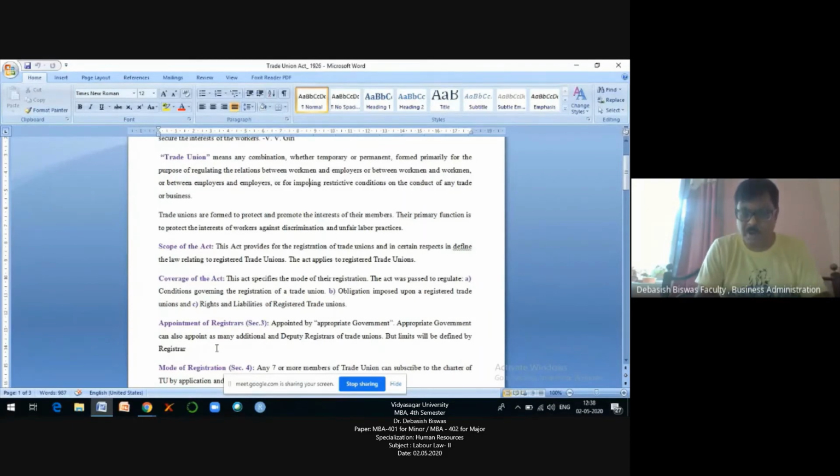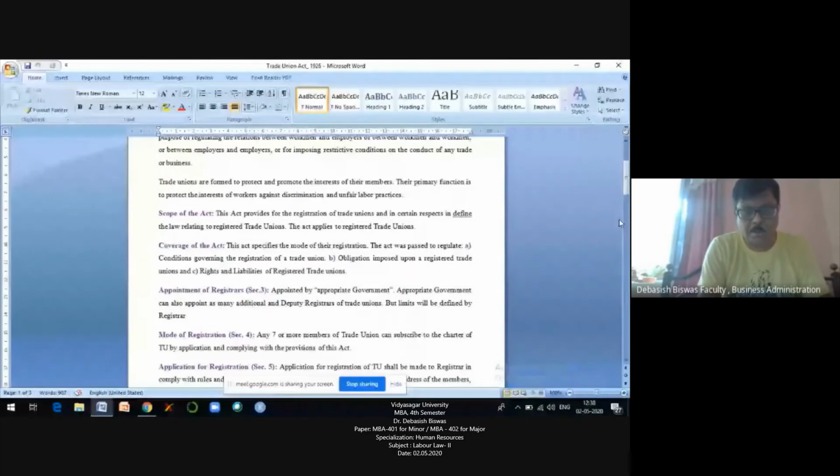Then the appropriate government will appoint them. So the appointment of deputy registrars and additional registrars will be done by the appropriate government in consultation with the registrar. Clear? So appointment of registrar is mentioned under section 3. Then we are coming to section 4, mode of registration.